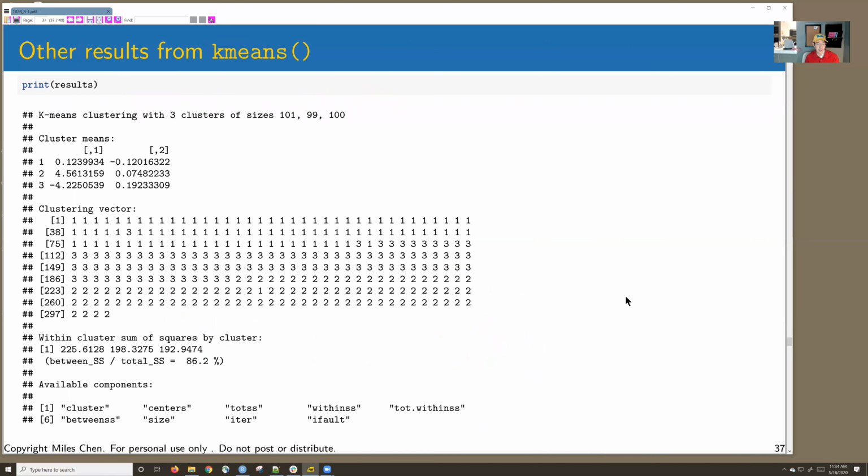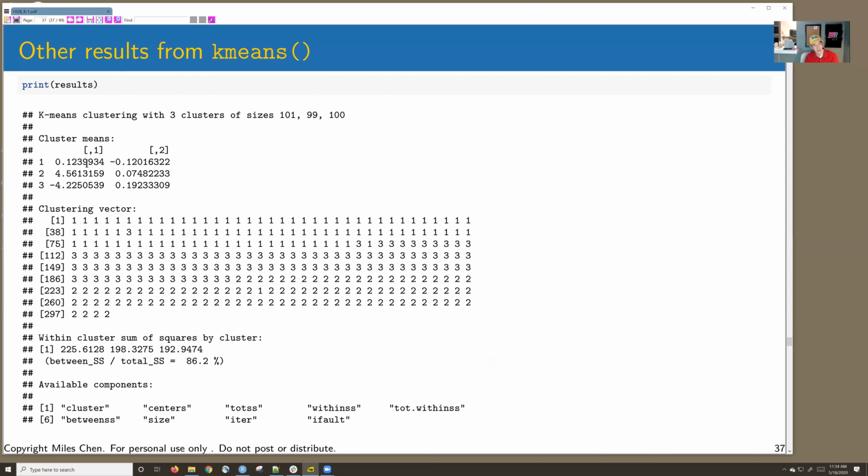If you take a look at the output of the k-means clustering, it's going to produce the cluster means. Here we've got 3 cluster means: 0, something close to 0; 4.5, something close to 0; and -4, 0. I think the original data was produced with means 4, 0, and -4, 0.